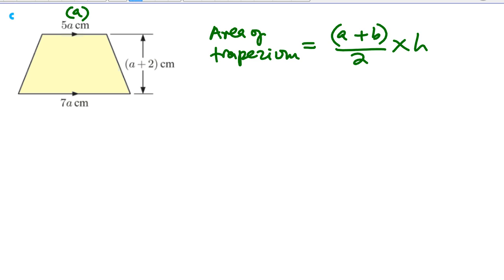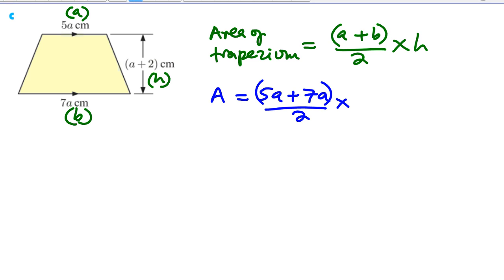It doesn't matter which is A and which is B, so long as they are parallel sides. And this will be our height. Plug them in. So you can say the area will be 5A plus 7A divided by 2 multiplied by the height, which is A plus 2.